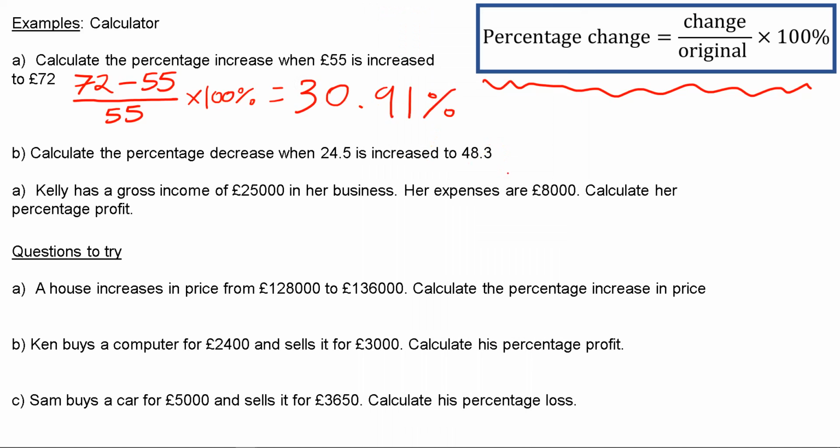In the second question, calculate the percentage increase when 24.5 is increased to 48.3. Sorry, I said decrease, it's actually percentage increase. You would do 48.3, take away 24.5, over 24.5, and then you would times by 100%.